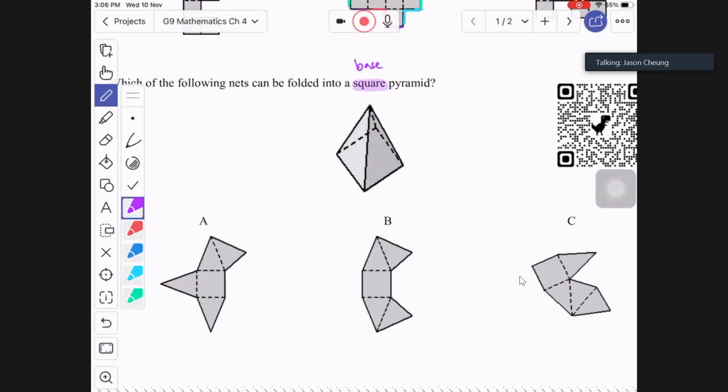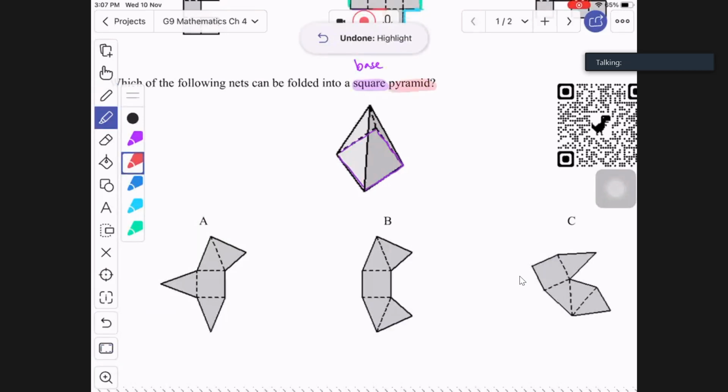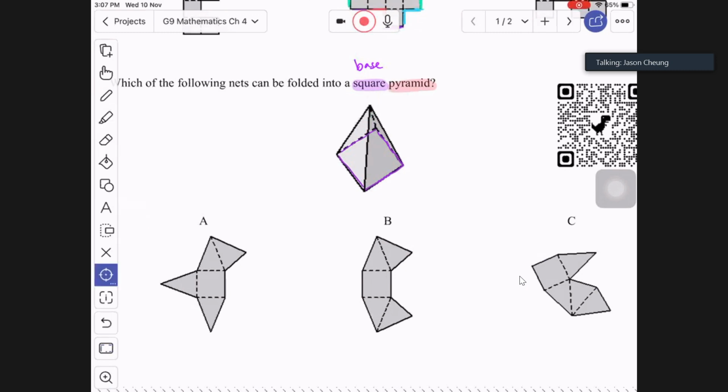So here, this side, this side, this side, and this side, these four sides will have the same names, because it is square. All right, and next, it is a pyramid, a pyramid shape, right? So here we should see that there is 1 point, and then 4 lines, four sides, and then go to 1 point. So this is a square pyramid.